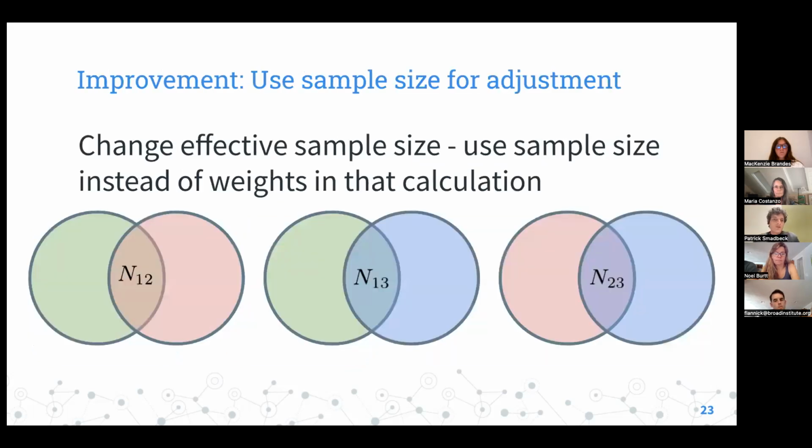Some of the improvements we've been working on with the University of Michigan team have to do with the effective sample size. We noticed that there were some sample sizes that were seemingly lower than you might expect, to the degree that some were even negative. When investigating that, it became evident that if you think of these three studies you're trying to combine, you can have an overlap between each pair of studies: N12, N13, and N23.